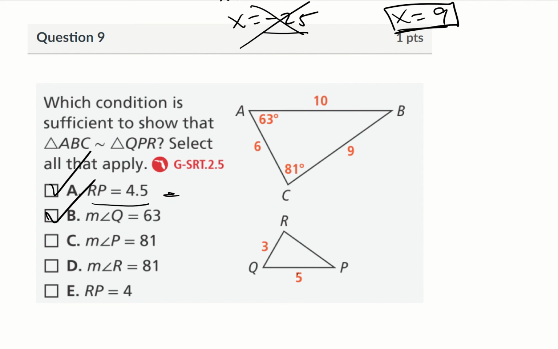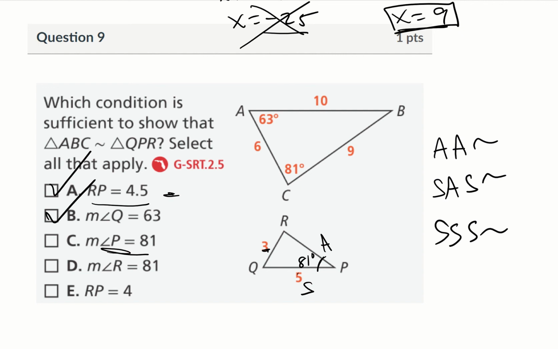All right, and then if angle P is 81, angle P right here, if that's 81 degrees, okay, so looking at if they just gave us this information, 81 degrees, and then these two sides, this is not going to be enough information to show that they're actually similar, because we have an angle, we have a side, we have another side, and remember the 3 theorems that we showed that can be used to help us determine that two triangles are similar are AA similarity, SAS, and SSS.